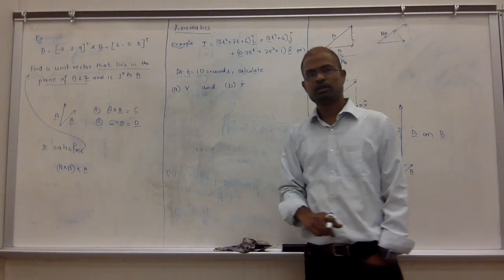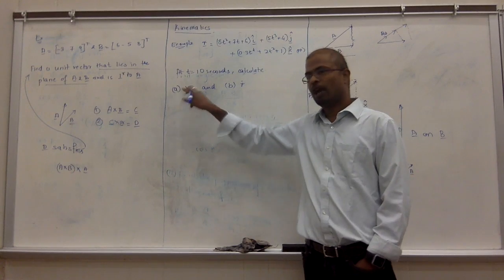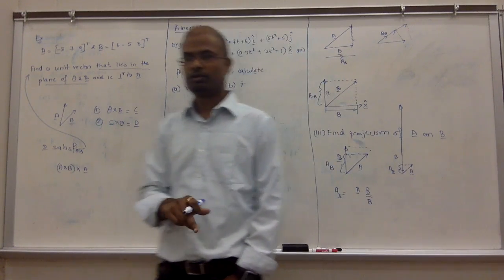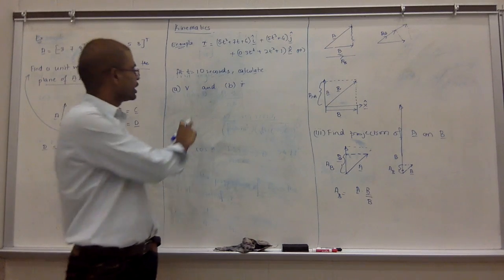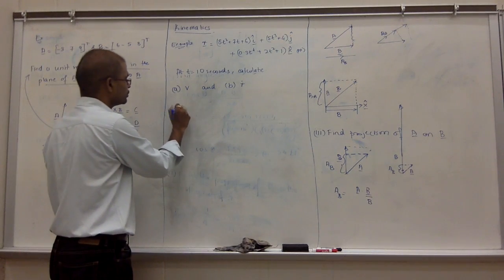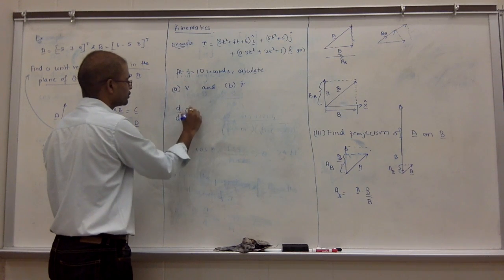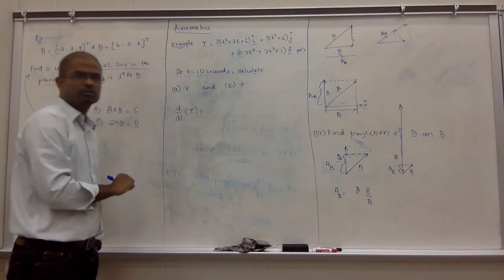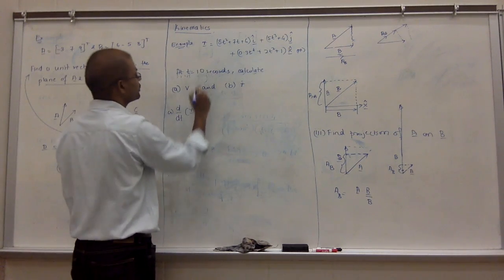This is the magnitude of velocity. If you want to get this, how are you going to do that? You're going to first do d over dt of r. We'll do the first one.